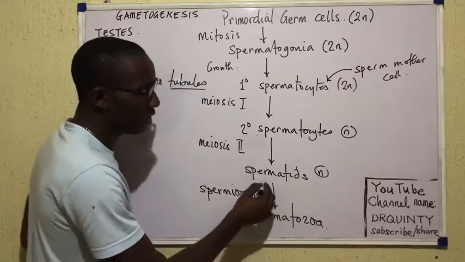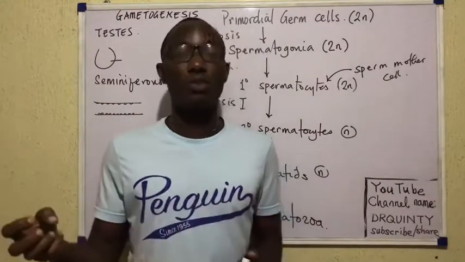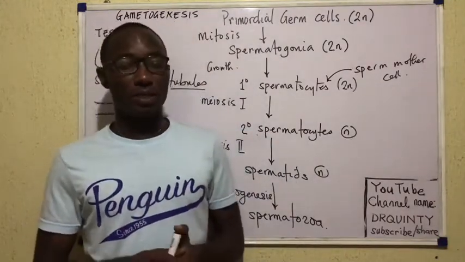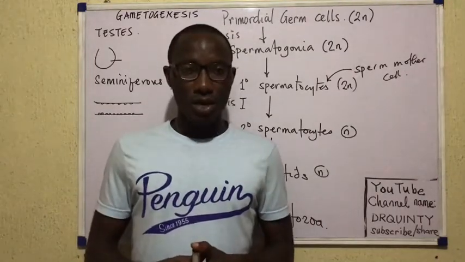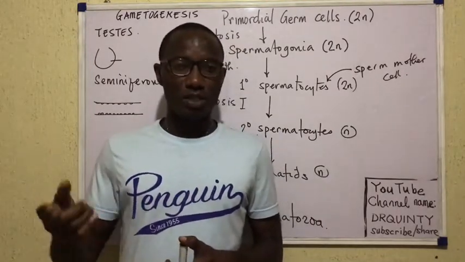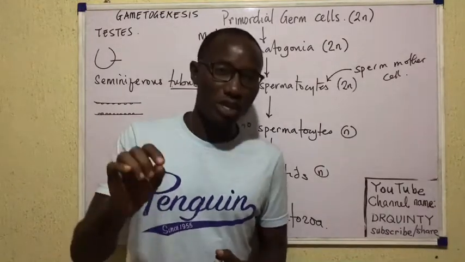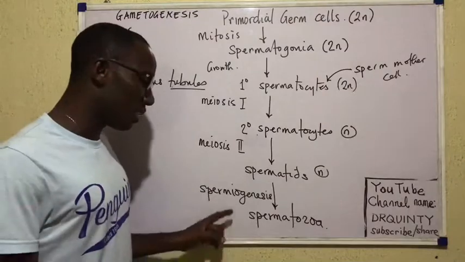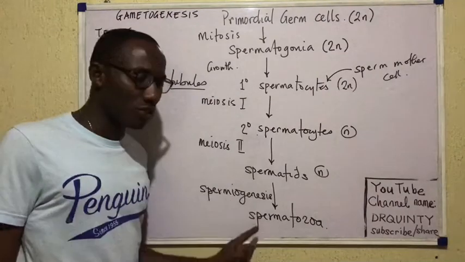It has to do with the release of mature sperm cells from the Sertoli cell. There's what we call the Sertoli cell. It's a cell that nourishes the sperm cells. So the release of sperm cells from the Sertoli cells, mature sperm cells actually, is called spermiation. But spermiogenesis is right here. It is the last stage of spermatogenesis.